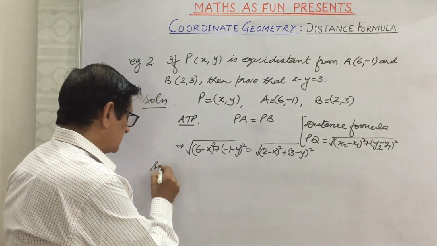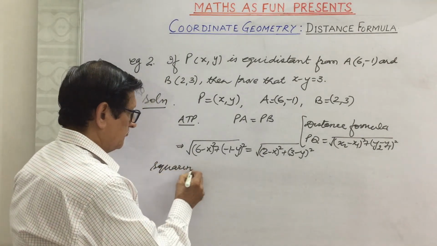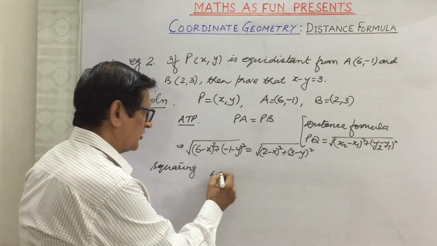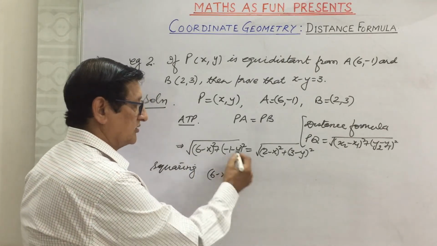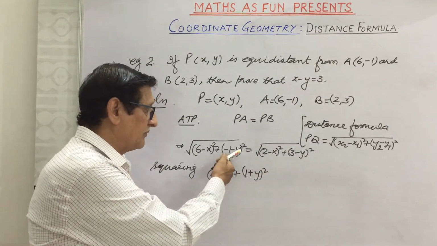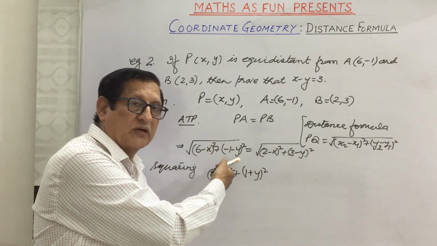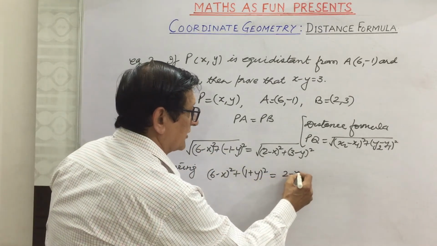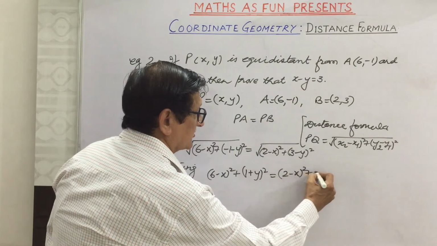Squaring both sides, we get (6 minus x) square plus (1 plus y) square, because if we take minus common, the square of minus 1 is plus 1, equal to (2 minus x) square plus (3 minus y) whole square.